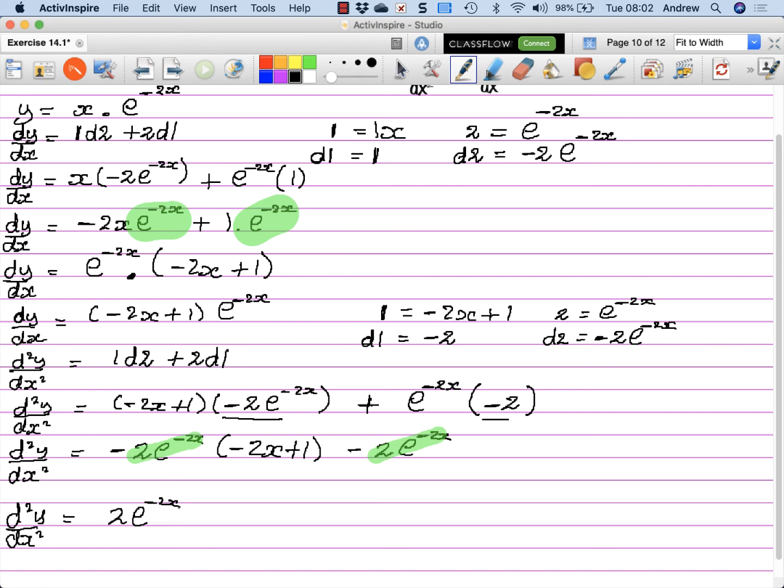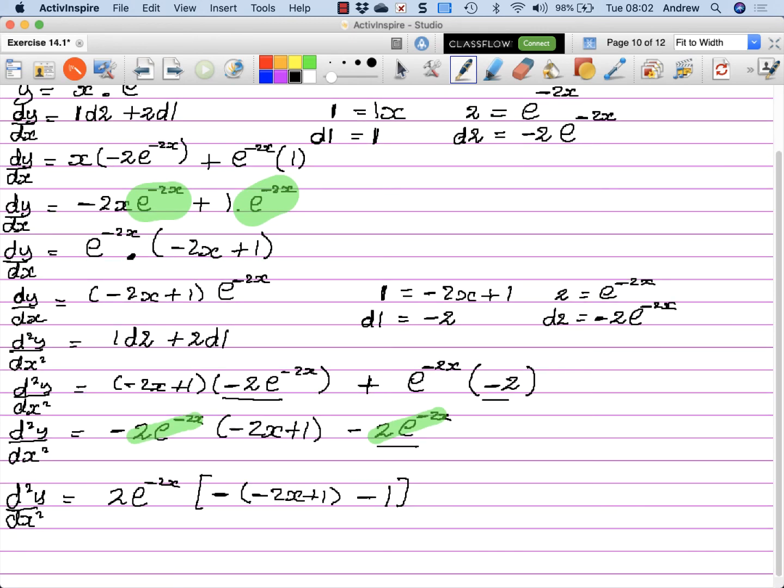Now I need to be very careful. I'm opening up a bracket. And when I take out the 2e to the minus 2x, I'm left with a minus, open bracket, minus 2x plus 1, minus. Now when I'm taking out everything, I'm left with 1.